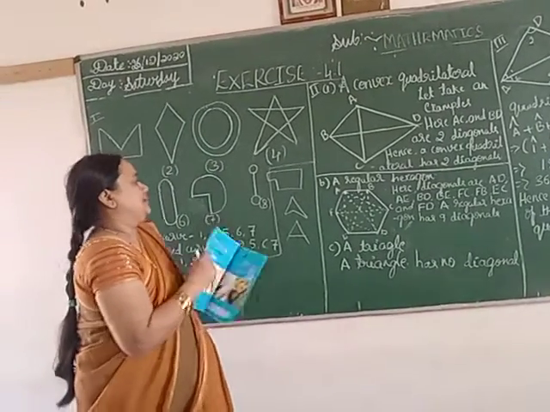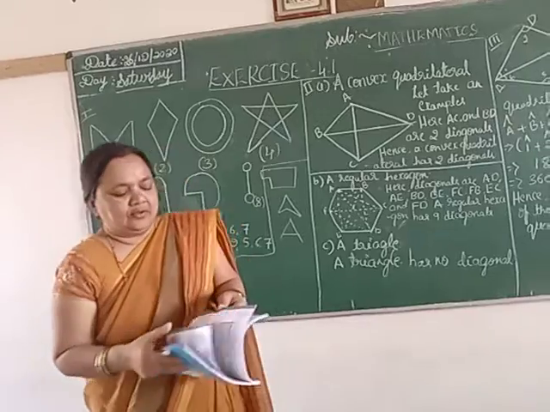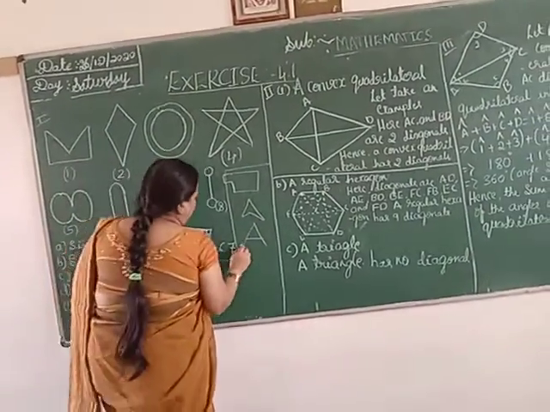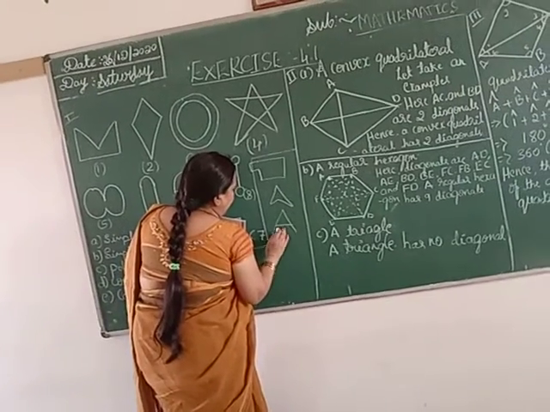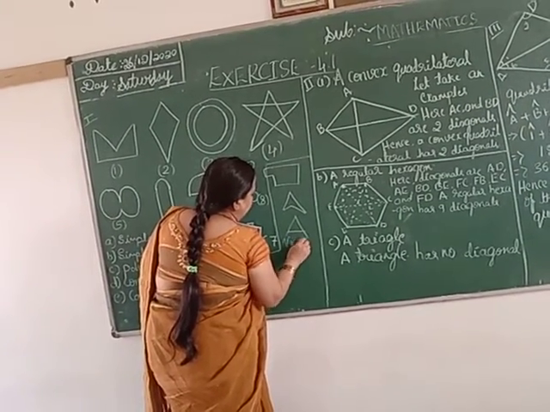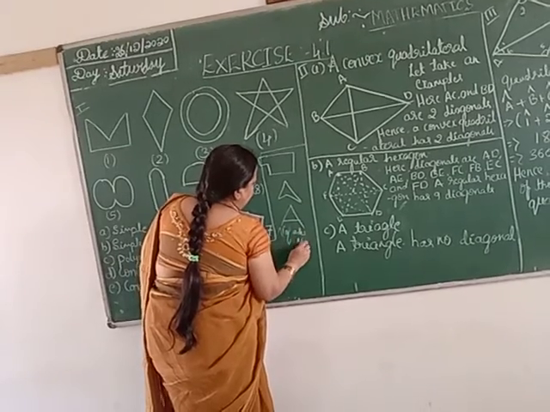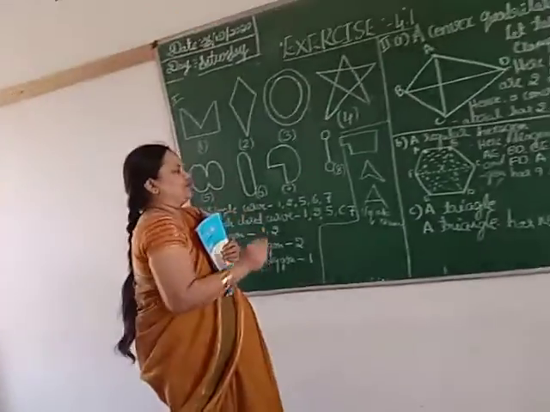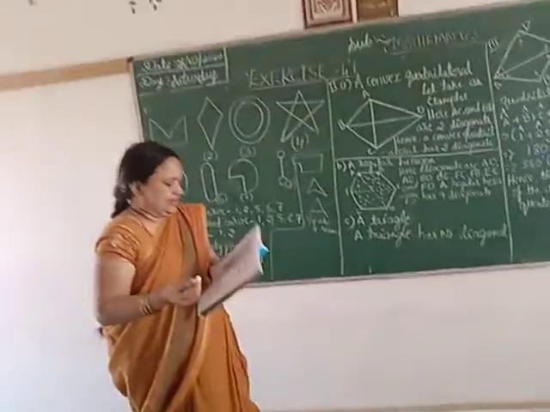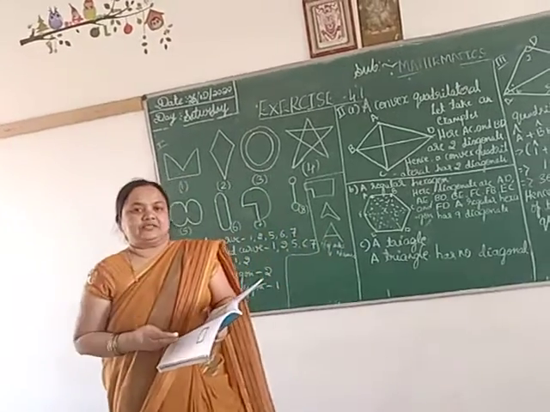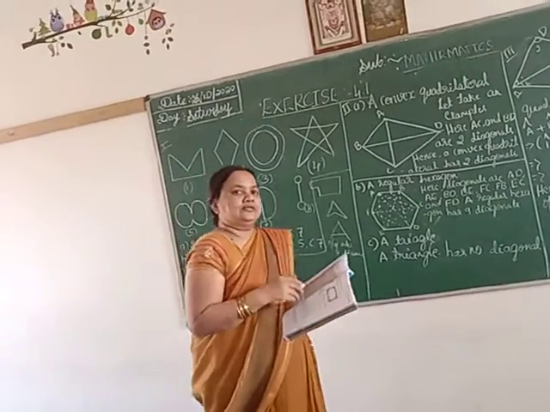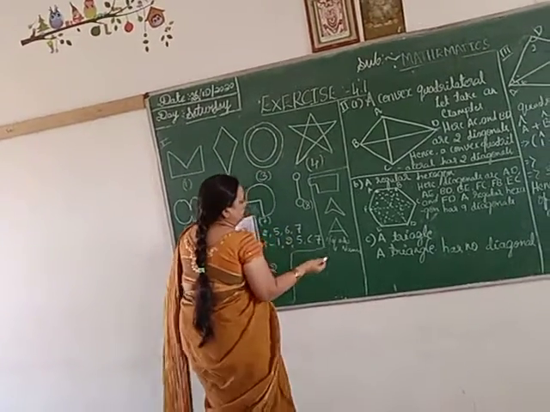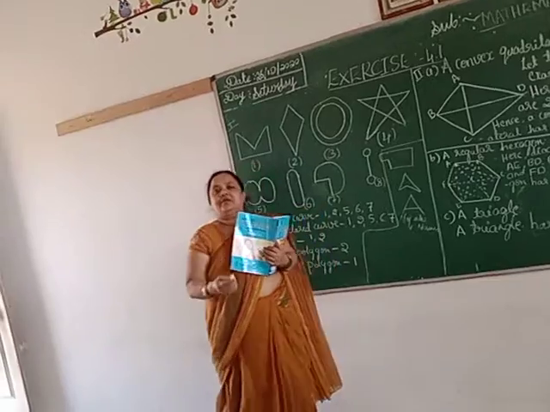So based on those line segments, you have the terms for them, isn't it? The number of sides depends on the name of the polygon, correct? So if it is 3-sided, it is called a triangle. If it is 4-sided, it is called a quadrilateral. If it is 5-sided, it is a pentagon. 6-sided, it is called a hexagon. 7-sided, heptagon. 8-sided, octagon. 9-sided, nonagon.